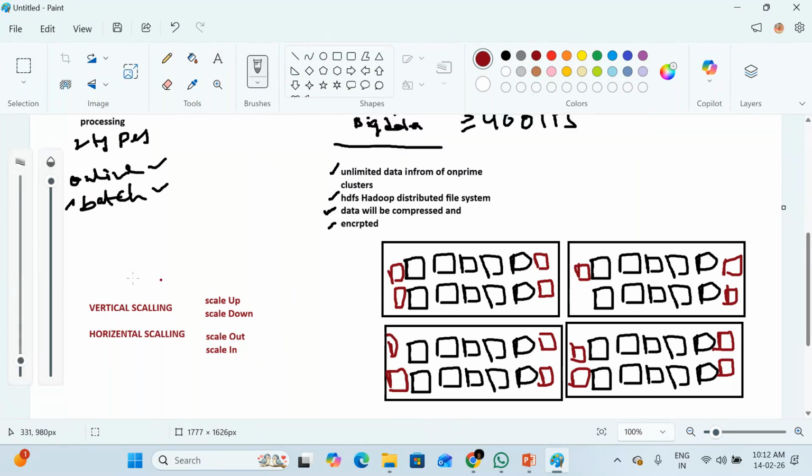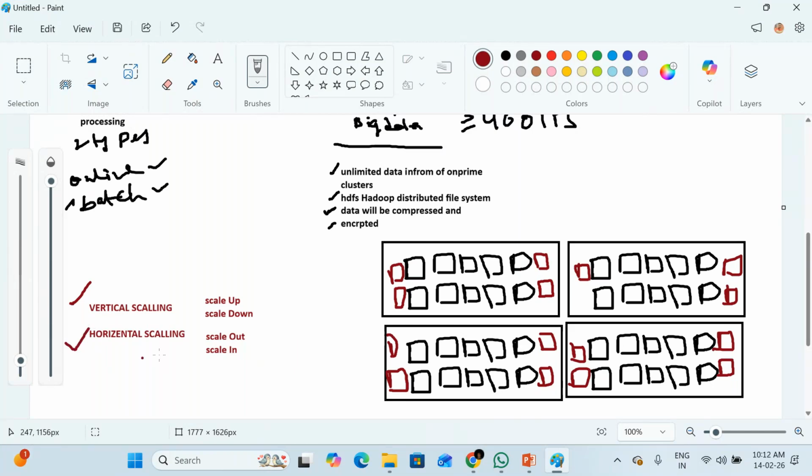Very important, sir, please remember. Vertical scaling means within the computer, you are increasing and decreasing the hardware. Horizontal scaling means you are not happy with one server, so two servers, three, four, five servers, and then four, three, two servers: increasing and decreasing the servers in the environment. That is called horizontal scaling.